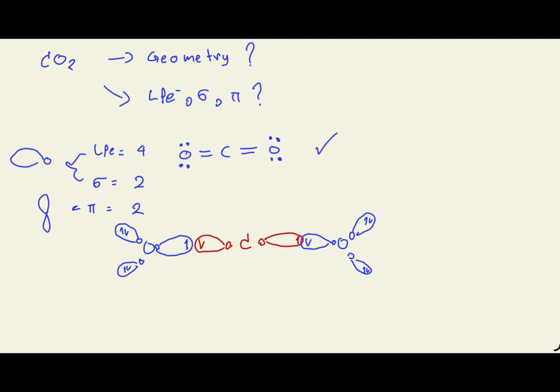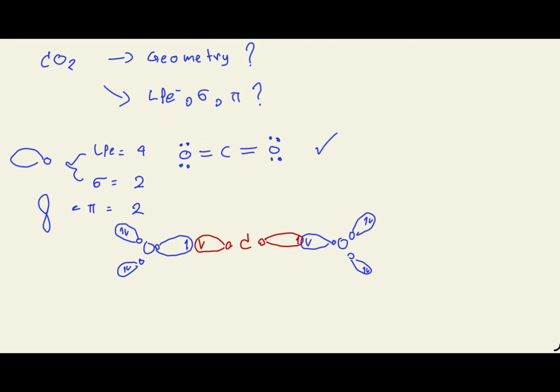Okay, clear. Next, let's look at the double bonds. Double bond means pi bond, right? Pi bonds are the double bonds and up. It could be triple bonds or more. Now for the pi bonds, we have two, right? Here and here.